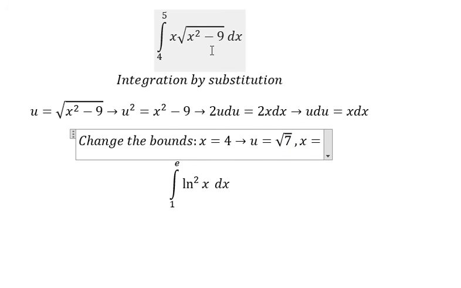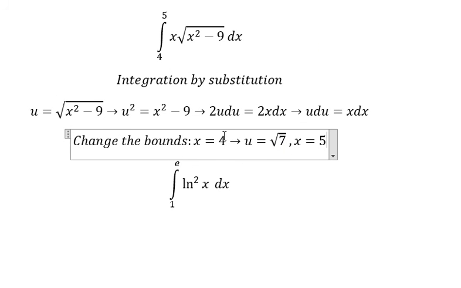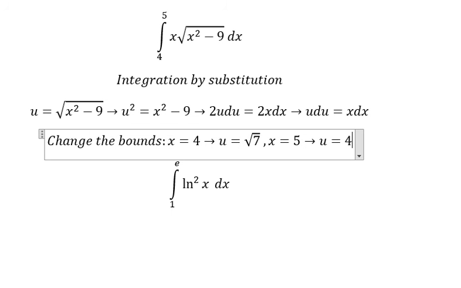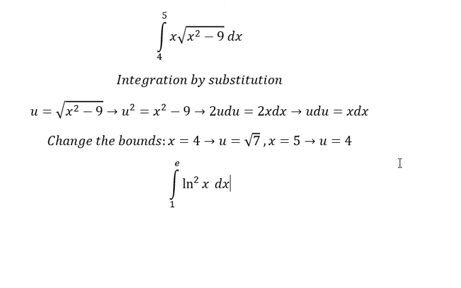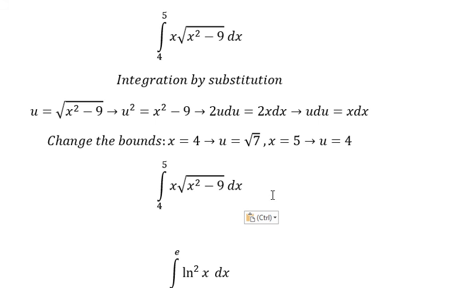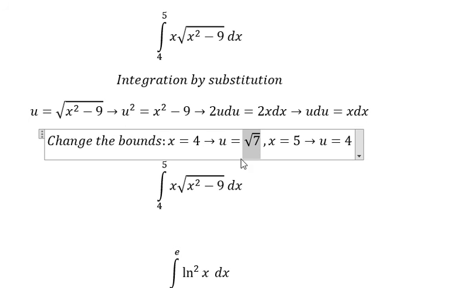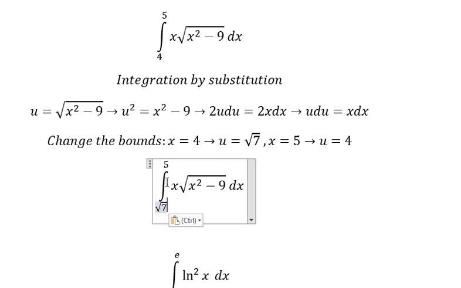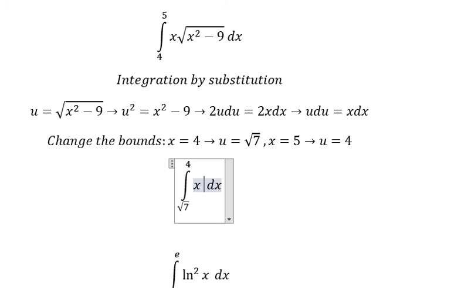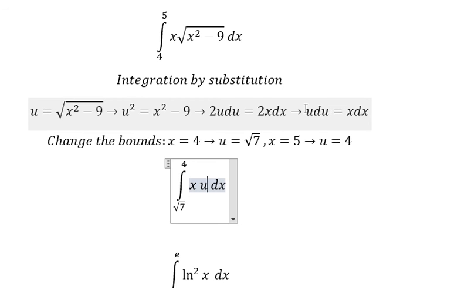When s equals number 5, I will put number 5 in here, and we have number 4. Number 4 we change to the square root of number 7. Number 5 we change to number 4. The square root we change to u. The s we change to u du.